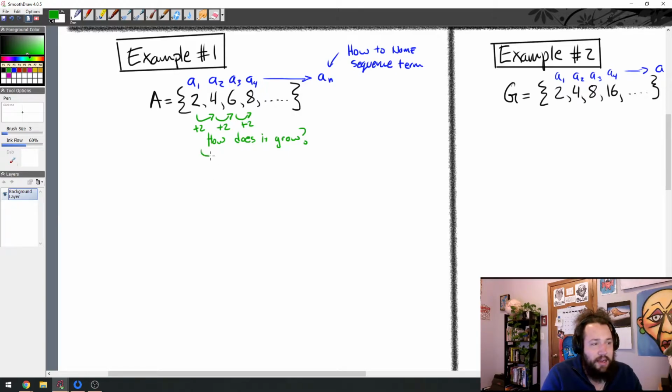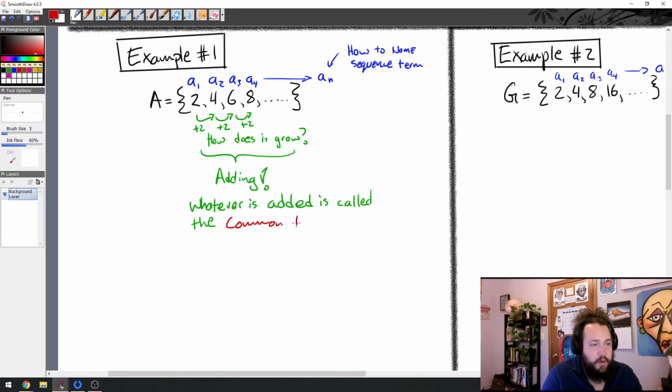If it is adding, whatever is added is called the common difference.